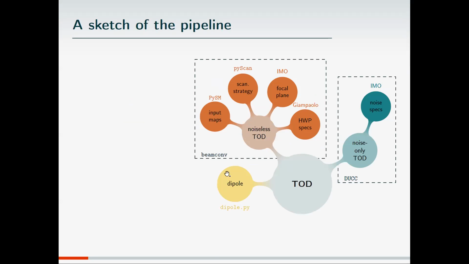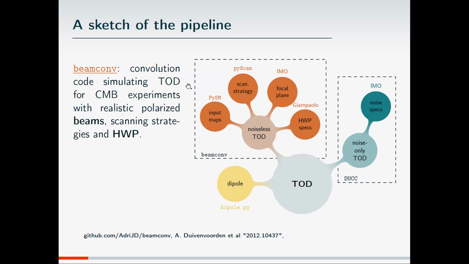The two main dependencies are beamconv and also duck. I'm not going to repeat what beamconv is because I think it's clear at this point, but I wanted to stress, as Jon was saying, that it has this very nice feature of being able to deal with polarized beams together with half-wave plate non-idealities.